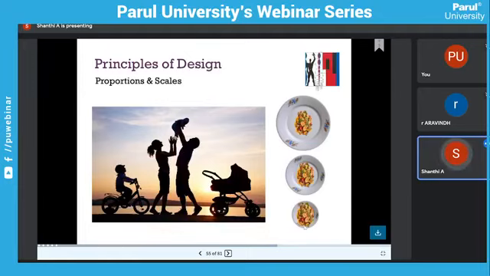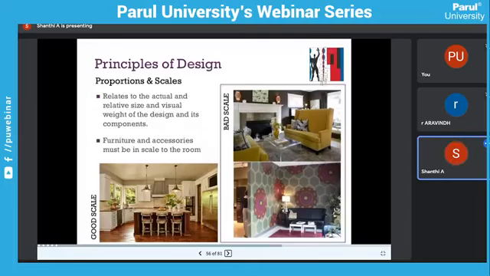So this is a good proportion. We can see this scaled thing: small, big, small, big, bigger. This has been proportioned in such a way that it increases or decreases in size. Here it is scaled. The height of this chair or this couch has been increased. This is a different proportion where they have broken the rule of proportion and created something very new.